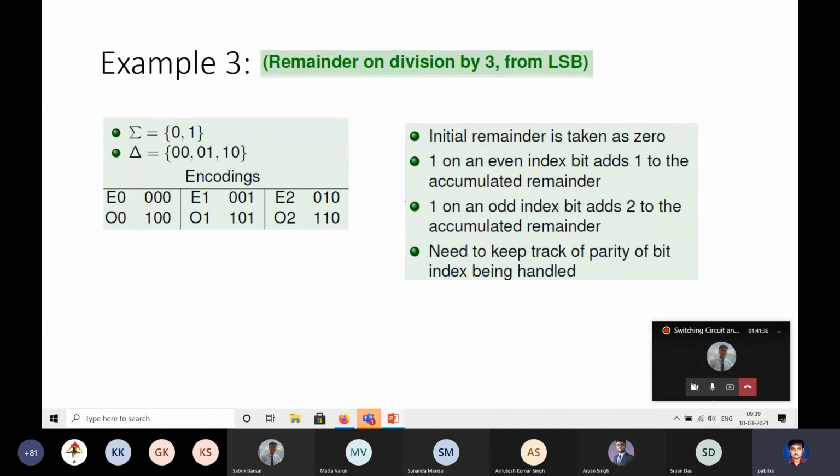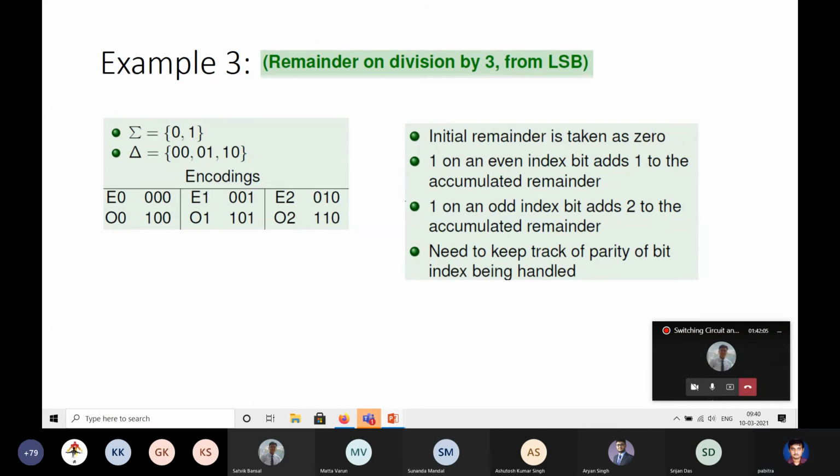Similarly, E1 on input 1. This is given in this rule. It will move to O2.